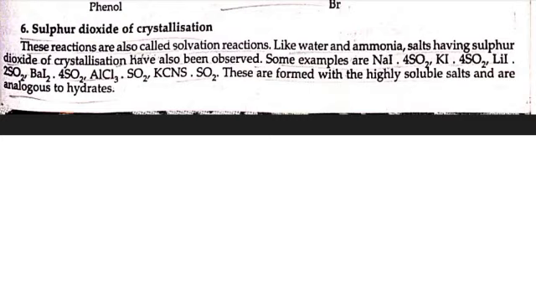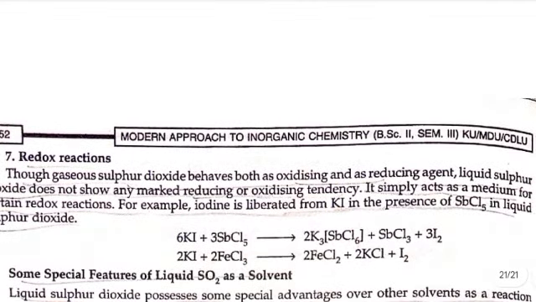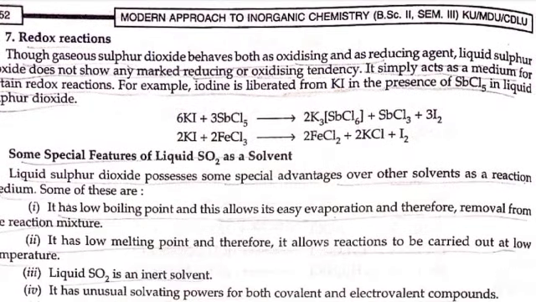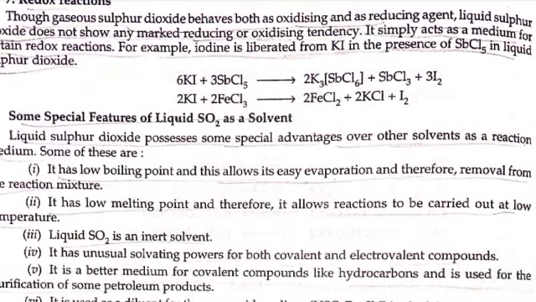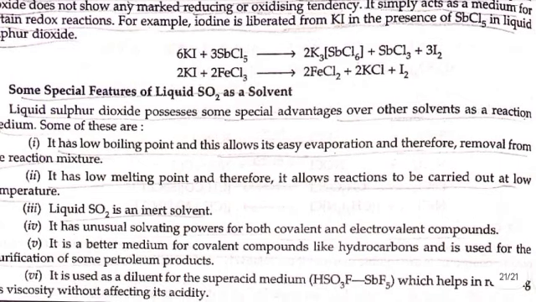These are formed with the highly soluble salts and are analogous to hydrates. Redox reactions. Though gaseous sulfur dioxide behaves both as an oxidizing and as a reducing agent, liquid sulfur dioxide does not show any marked oxidizing or reducing tendency. It simply acts as a medium for certain redox reactions. For example, iodine is liberated from potassium iodide in the presence of SbCl5 in liquid sulfur dioxide.